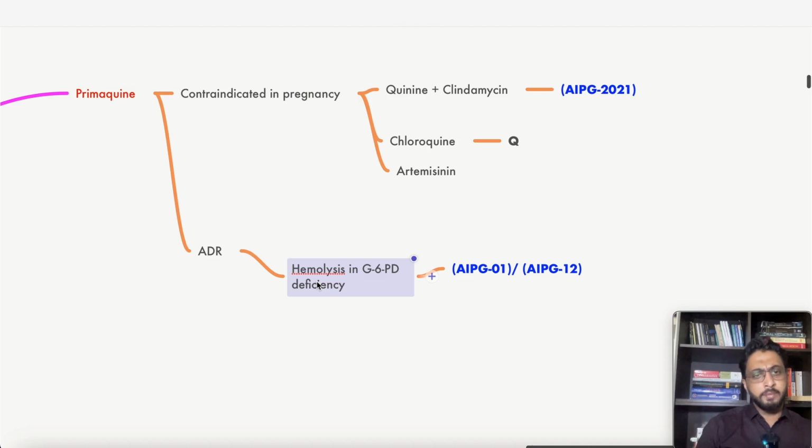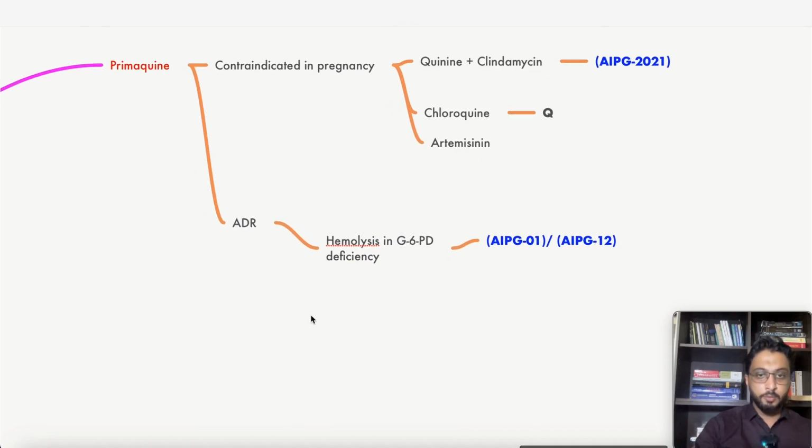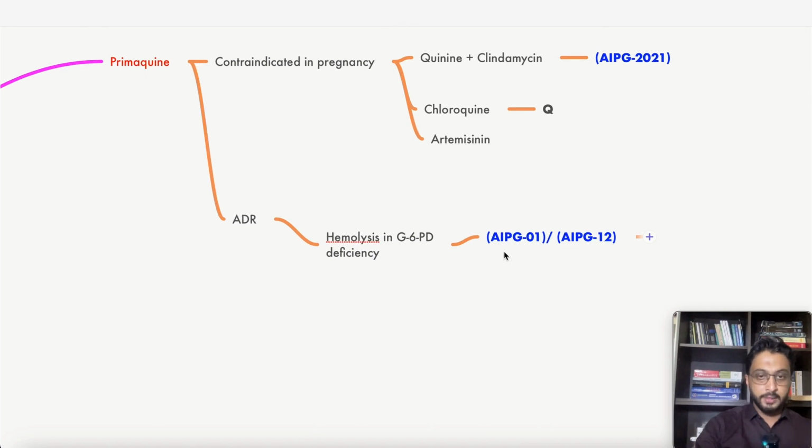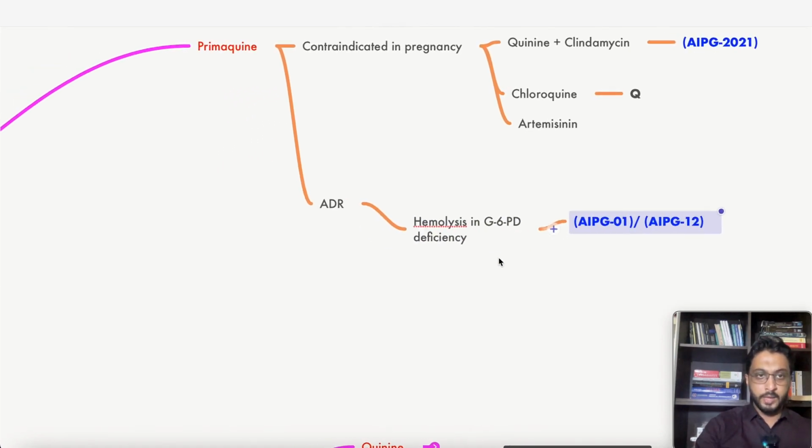In biochemistry, when you learn the pentose phosphate pathway, you will come across this enzyme. So primaquine is not used in pregnancy, and it causes hemolysis in G6PD deficiency patients, thereby leading to hemolytic anemia. It was asked in 2001, and in 2012 it was repeated.